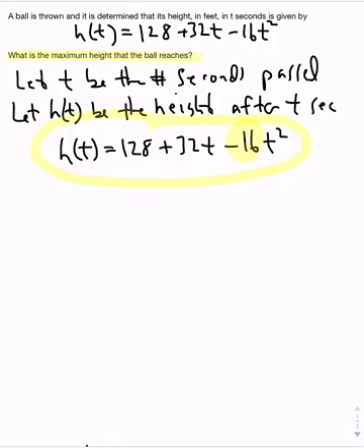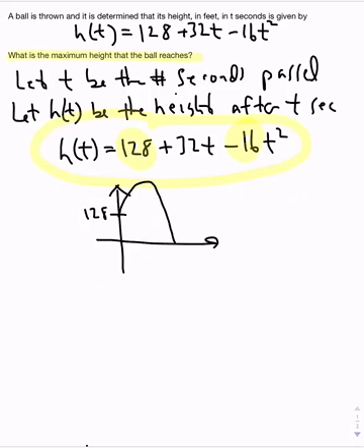And we know a little bit more information. That constant, 128, is actually the y-intercept, right? Because if I plug in t equals 0, I will get 128. So I can sketch a quick graph of this function. The y-intercept will be 128, and it's a parabola that opens downward.